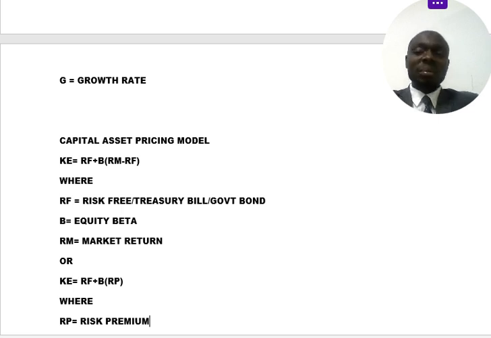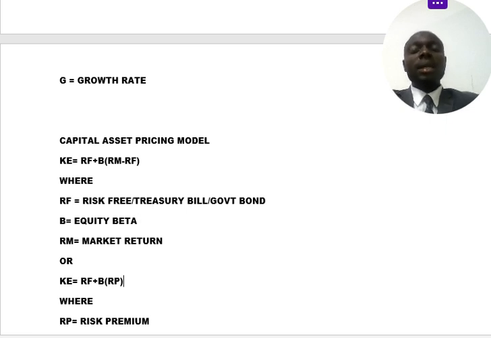Corporate bond is a private bond. It is not free, so there is a risk to it, right? So in this case, RF is risk-free, treasury bill, or government bond. Why is it like this? Because when you invest in treasury bill or government bond, it is risk free. That is why it is called risk-free asset.